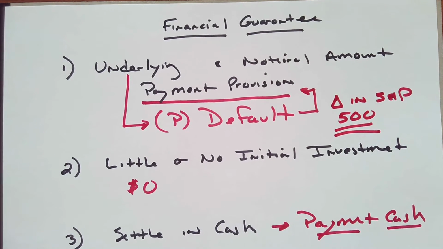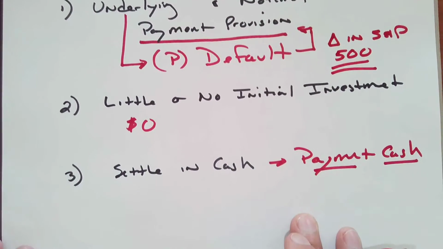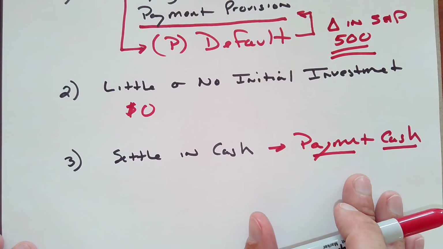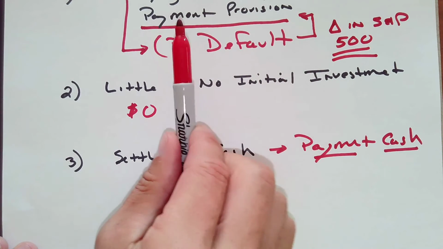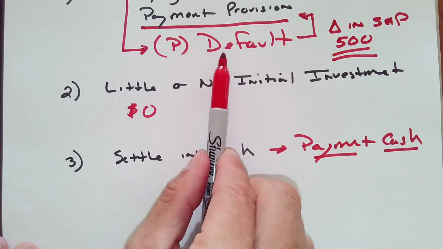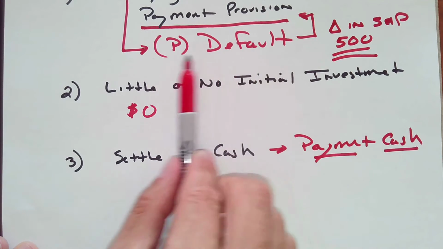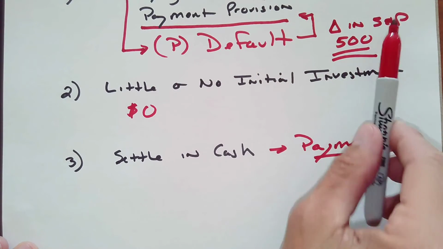It also would not get exception treatment if the probability of default were replaced. Changes in the S&P 500 is one thing.